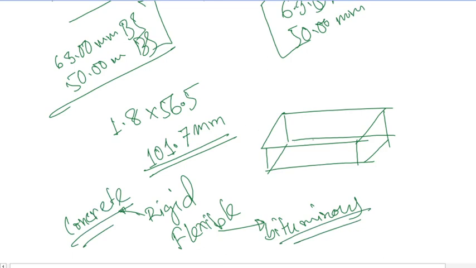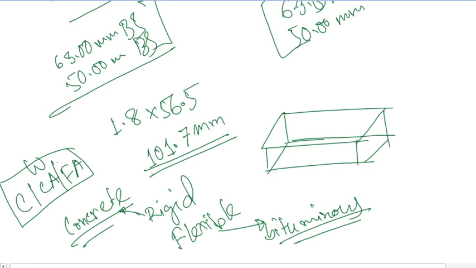Whenever we are creating concrete pavements or rigid pavements, we need to create a concrete mix using cement, coarse aggregate and fine aggregate. All these three, using water, we have to mix and blend.